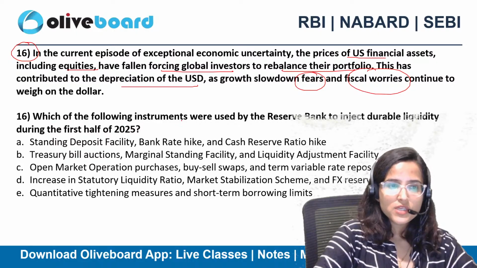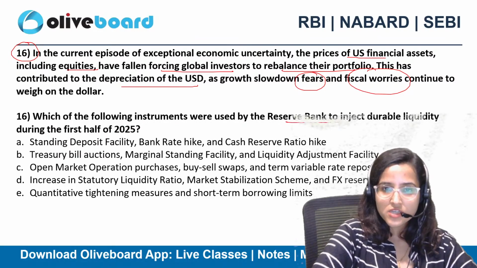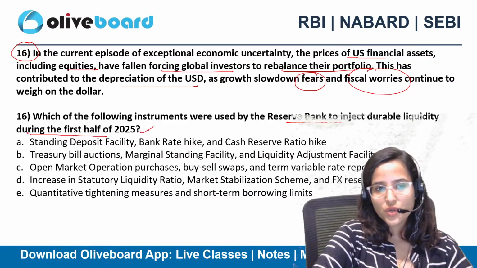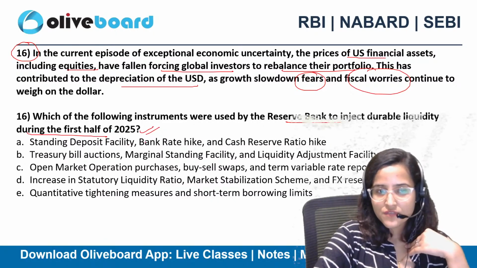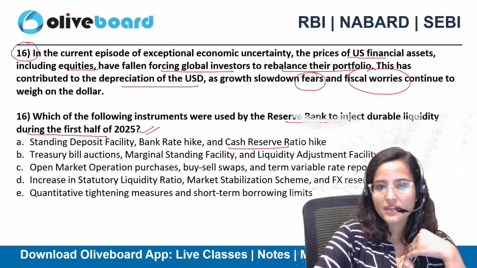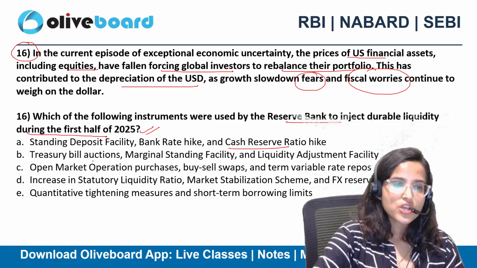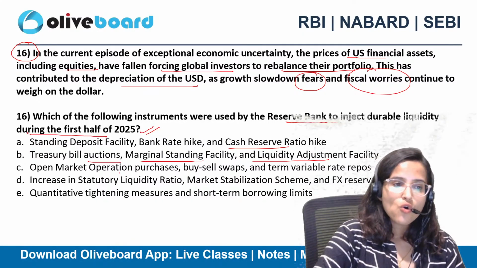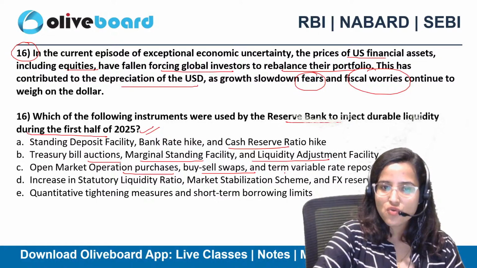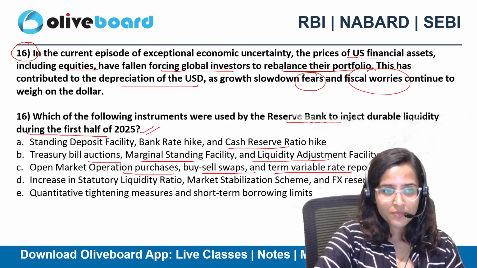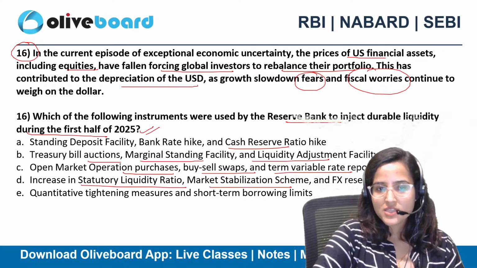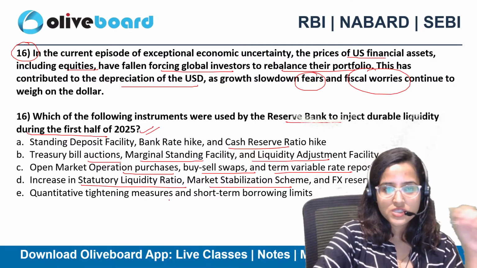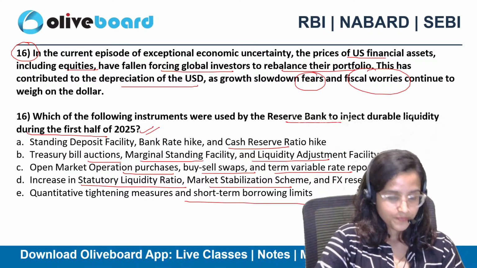Which of the following instruments were used by Reserve Bank to inject durable liquidity during the first half of 2025? Standing deposit facility, bank rate hike, and cash reserve ratio hike. Treasury bill auctions, marginal standing facility, and liquidity adjustment facility. OMO purchases, buy sell swaps, term variable rate repos, increase in SLR, market stabilization scheme, foreign exchange reserve, quantitative tightening measures, and short term borrowing limits.